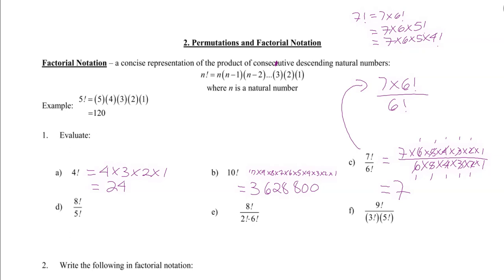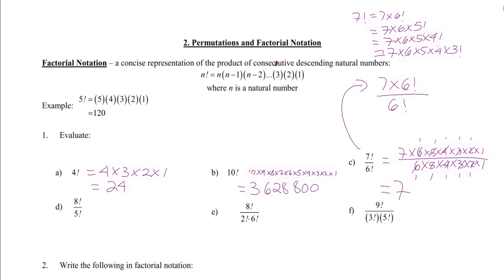Just throw down an exclamation mark, you're done. And they're all equal, because 7 times 6 times 5 factorial is 7 times 6 times 5 times 4 times 3 factorial, and so on. So let's use that idea in doing part D.